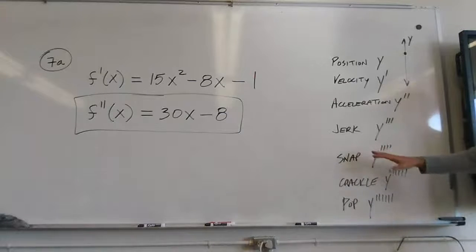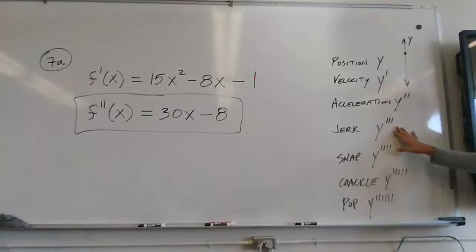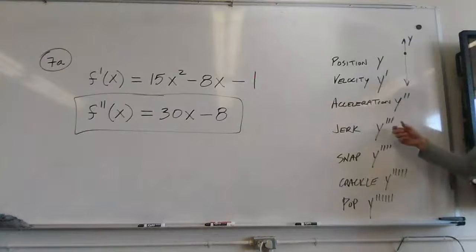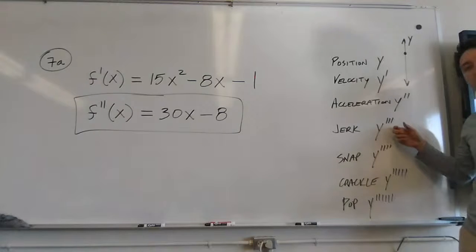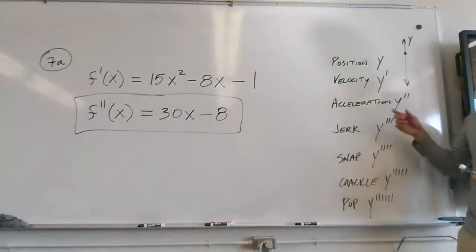But apparently I've read that you can feel this on a roller coaster very easily. If you're designing a ride at an amusement park, you'd be very concerned with this because your riders are not going to be very comfortable. That's just the change in acceleration.